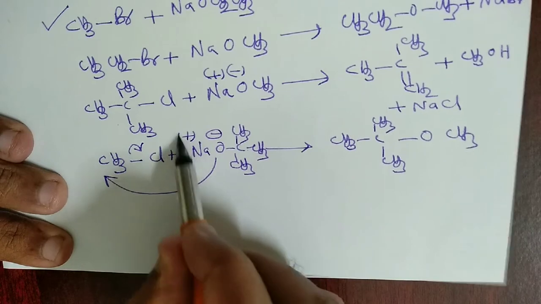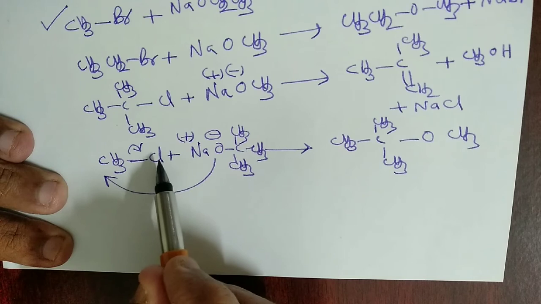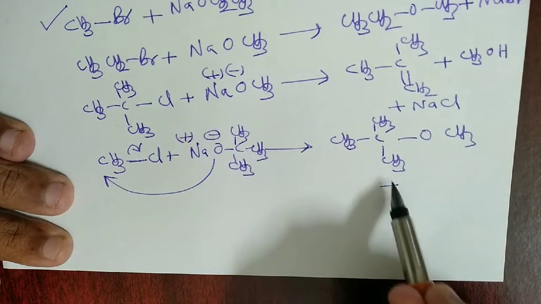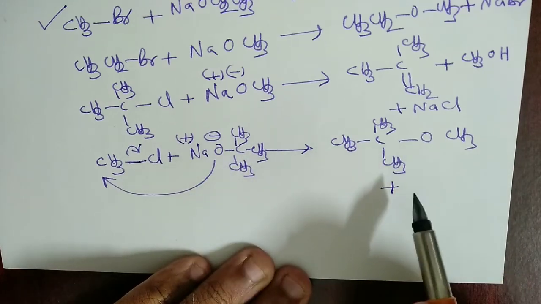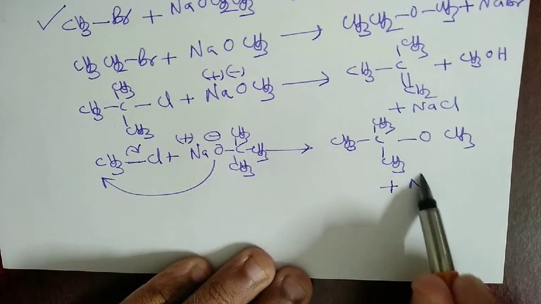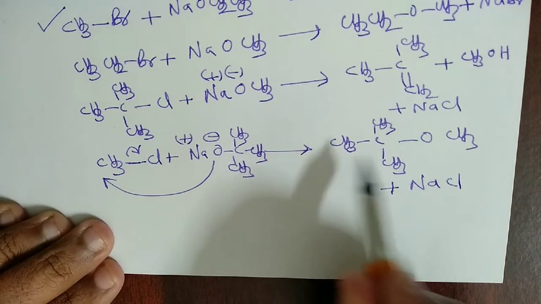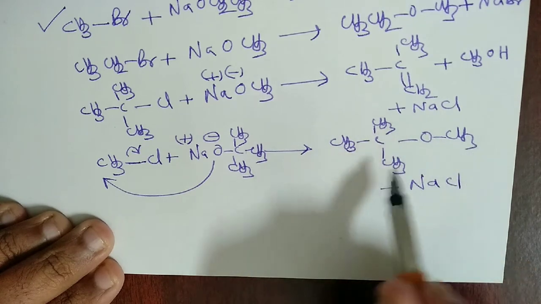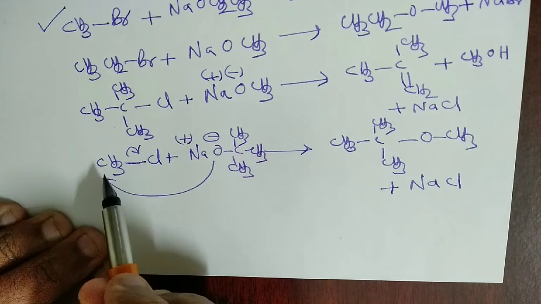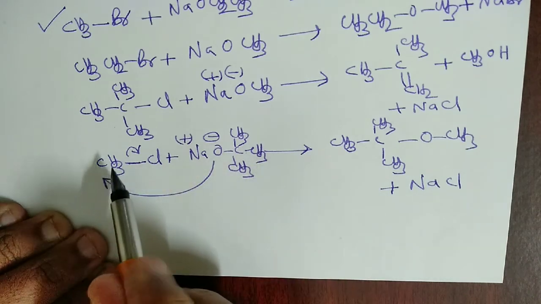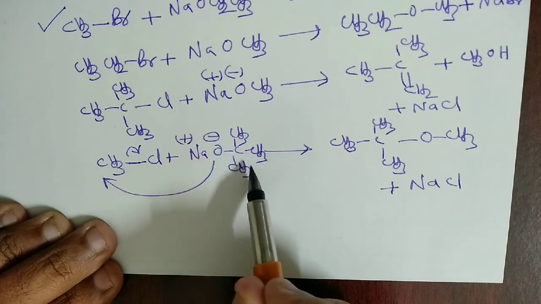That is, the tertiary butoxide ion makes a bond with the carbon atom of the carbon-halogen bond. Hence, a good yield of ether is obtained. That is, the reagents should be methyl halide and sodium or potassium tertiary butoxide.